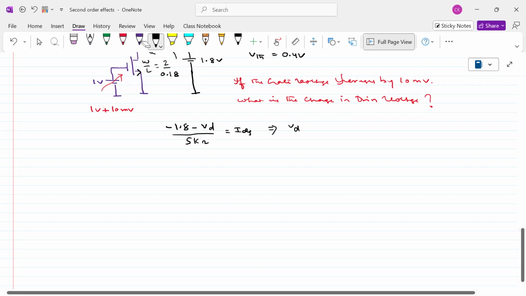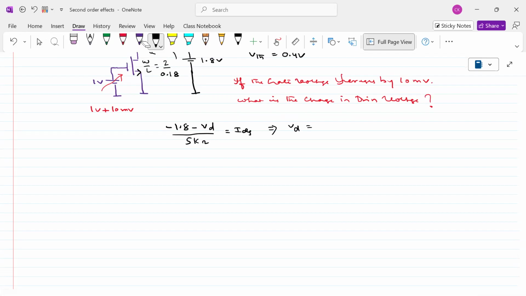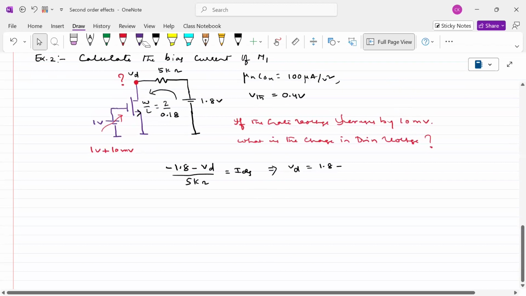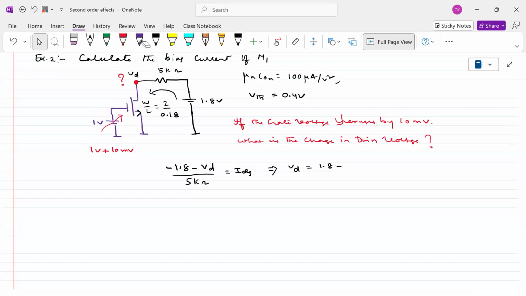VD is nothing but 1.8 minus, the current is going from 1.8 minus VD divided by 5 kilo ohms.